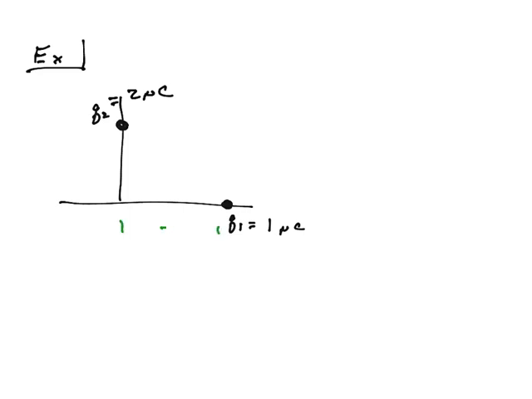From here to here will be 3 meters, and from here to here will be 4 meters. Here's my question. Find the force. In fact, let me just erase this 1 microcoulomb for now. Q1 is sitting there. I don't know what Q1 is yet.